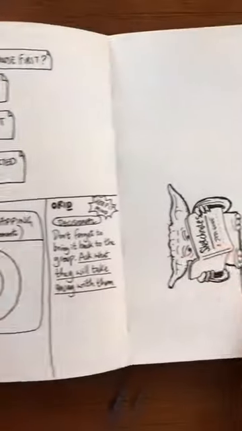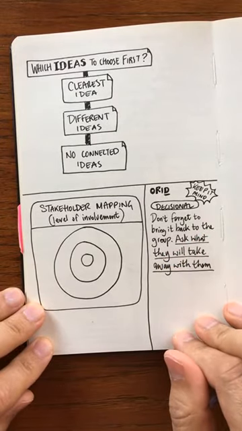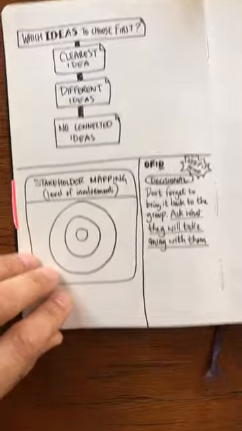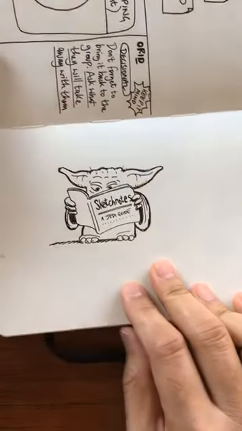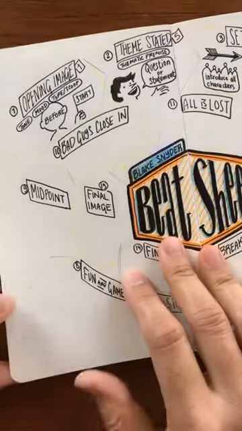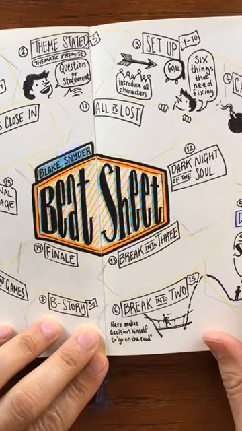So let's move on. Which ideas you choose first? Okay, so this is still notes about ORID. And this is an old little note about Yoda. Okay, and here are some old notes about the beat sheet.